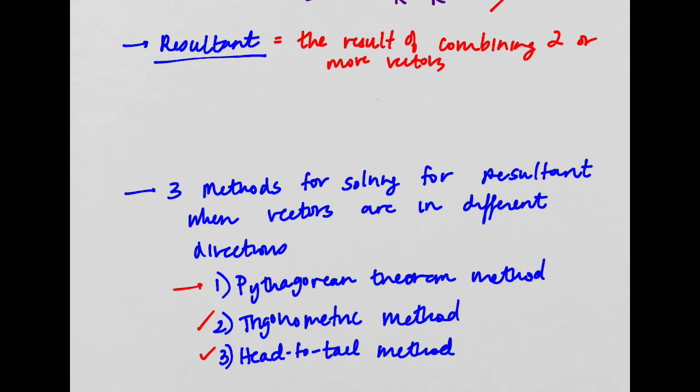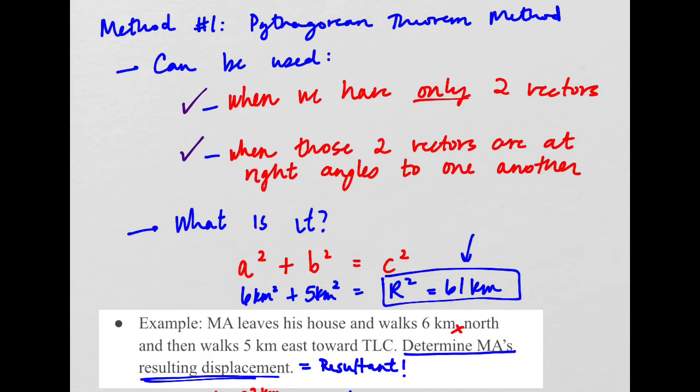Okay, so the 3 methods that we have for solving for the resultant when the vectors are not in the same or exact opposite direction: yesterday we talked about the Pythagorean theorem, and today we're going to talk about the trigonometric method, and very slightly the head to tail method. So we talked about the Pythagorean theorem method yesterday, and remember this one, I think I said it, but I didn't write it down. You should write this in your notes.